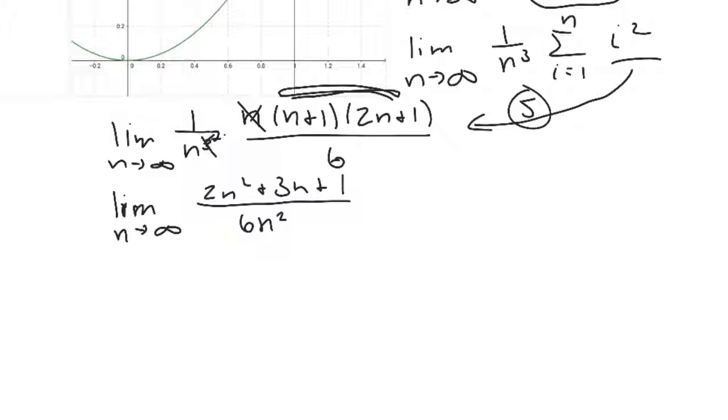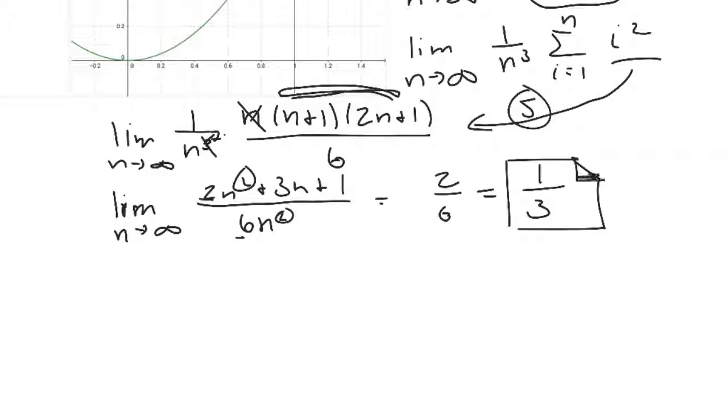And look, I have a second order polynomial divided by a second order polynomial, which means I just take the quotient of the leading coefficients, which equals 2/6, which then reduces to 1/3. And the area under my curve is 1/3 between 0 and 1.